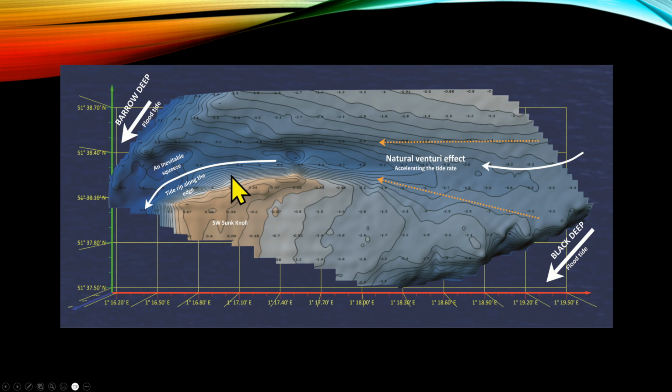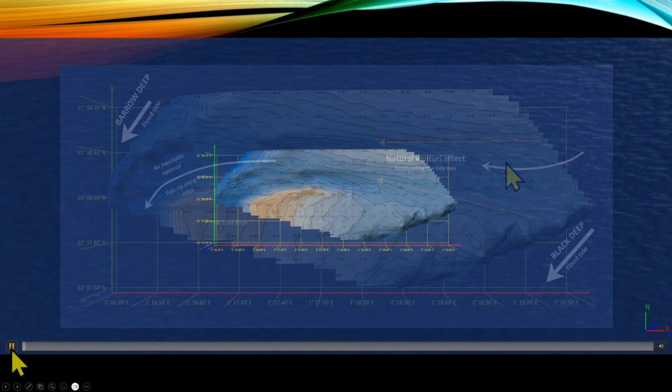So this tide has to force its way up as it goes around this knoll. So we can assume that this deeper part is simply because of that Venturi effect. Surprisingly, the ebb tide, which of course goes the other way, doesn't find any forcing through at this side.